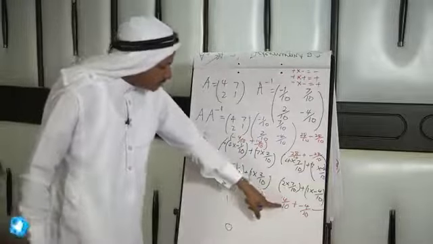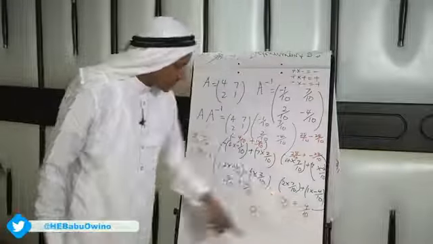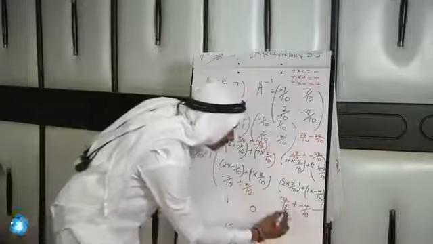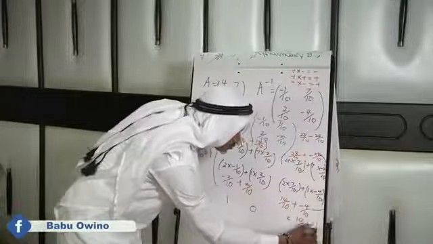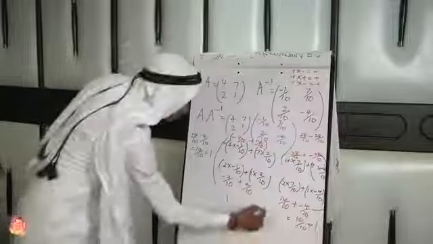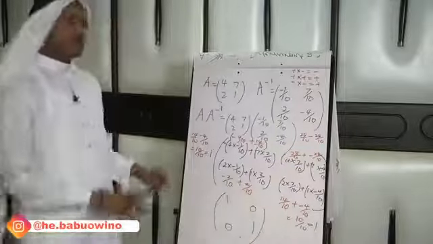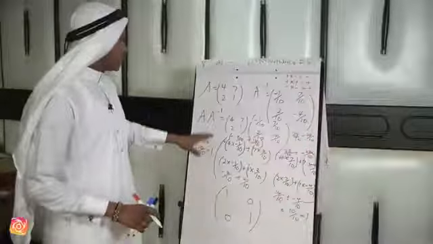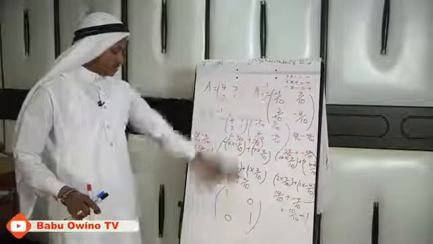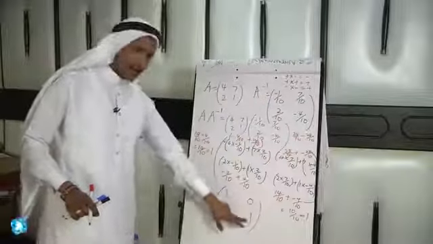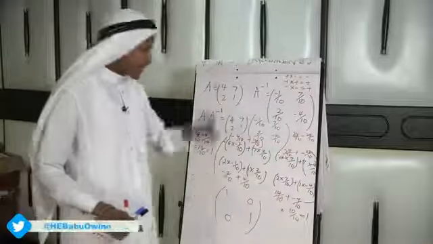Then here, 14 over 10 plus minus 4 over 10 is the same as 14 over 10 minus 4 over 10, which is 10 over 10, which is equal to 1. So the last one is 1. Therefore, class, when you multiply A by the inverse of A, you get 1, 0, 0, 1. This is an identity matrix.